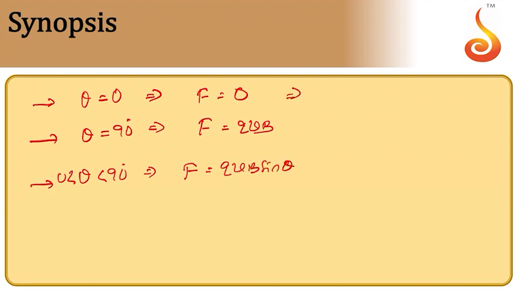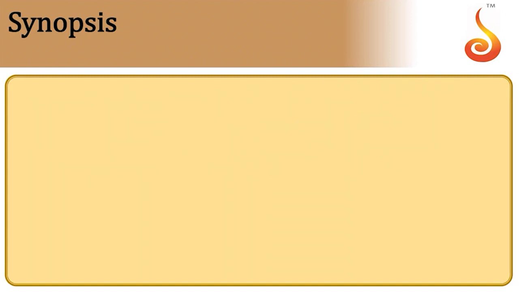In the first case, the path is unaffected. In the second case, it becomes circular, and in the third case, it becomes a helix. I will take up the circular and the helical paths.